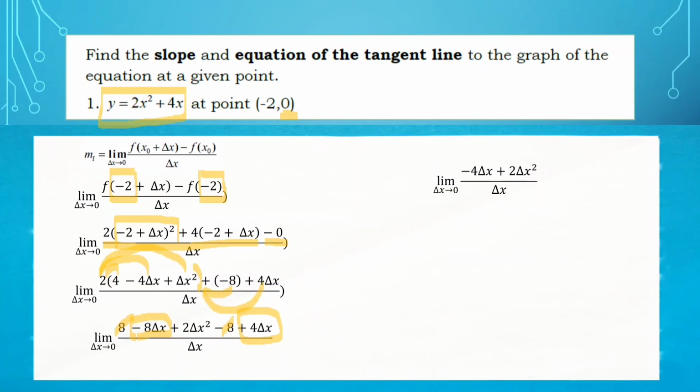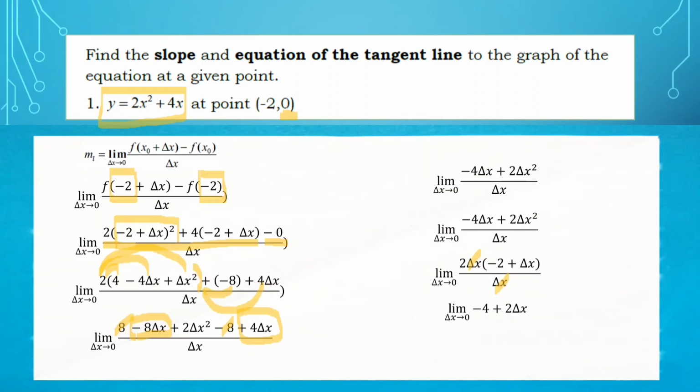Since we have the common factor, which are 2 and change of x, we have to factor it out. So that is equal to 2 change of x, the quantity negative 2 plus change of x, all over change of x. Okay, so cancel out. That will become negative 4 plus 2 change of x.